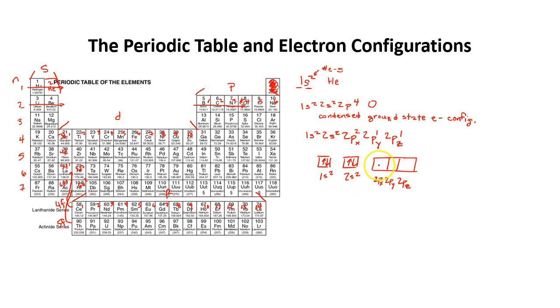So remember, Hund's rule says we first singly fill the atomic orbitals. So that's what I'm doing here. And now I'm gonna go back and double fill with opposite spin, of course. So this will be 2px2, 2py1, 2pz1.